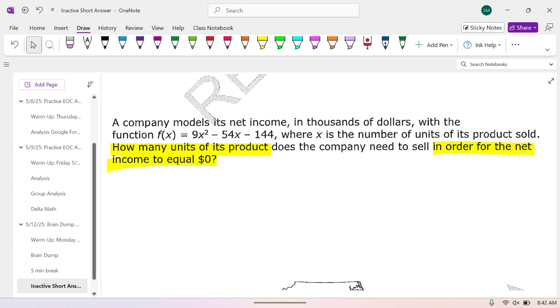So let's go. Caroline, what's one important piece of information in there? What's probably the one thing that I'm definitely going to need with this? Right. The function itself. So the function's definitely important. What's something else? Ben.